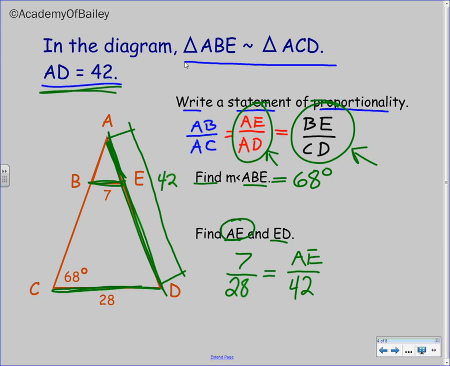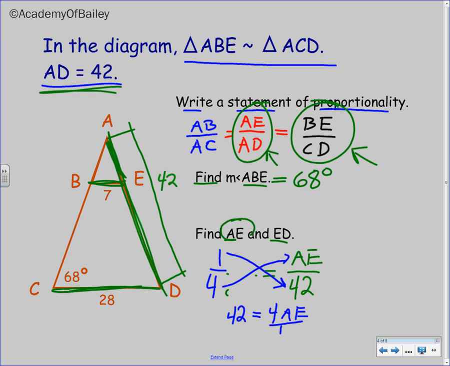What we can do here is 7 over 28 will reduce to 1/4. So now we have 1 over 4 instead of 7 over 28, and 1 times 42 is a lot easier than 7 times 42. So 1 times 42 gives us 42, and 4 times AE gives us 4 times AE.